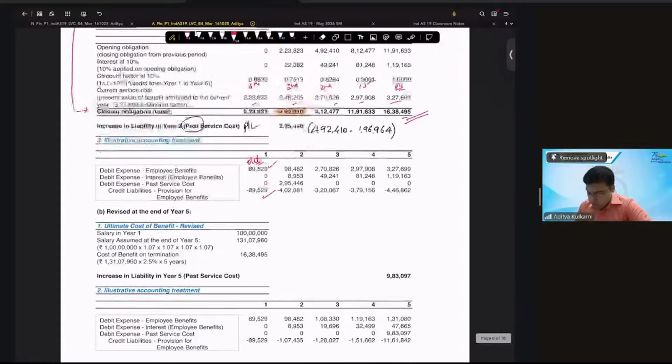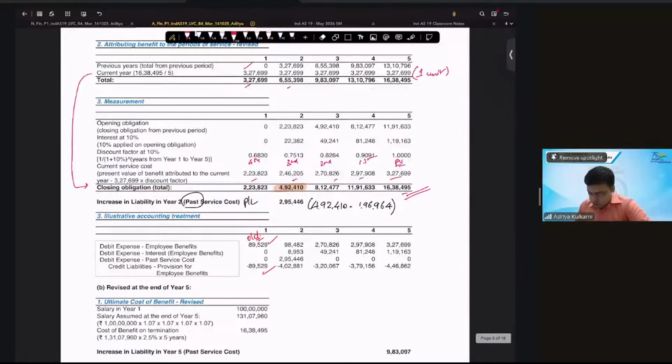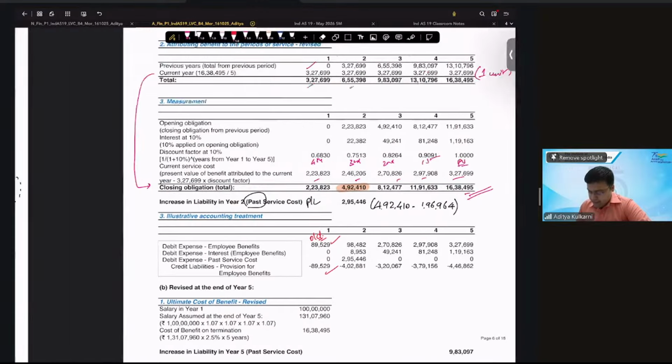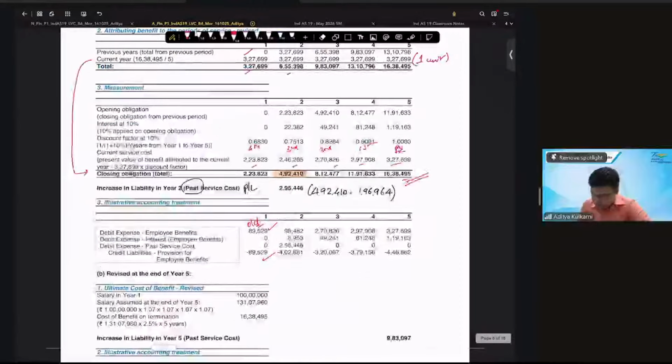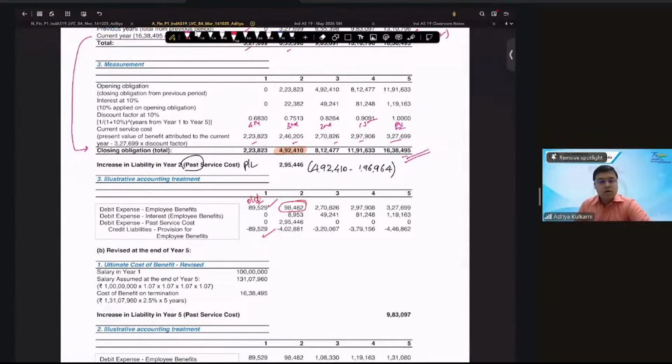Year 2, your employee benefit expenses you would take 98,482. The finance cost you would have taken based on the old plan, 8,953. And then you will book a past service cost of 2,95,446.